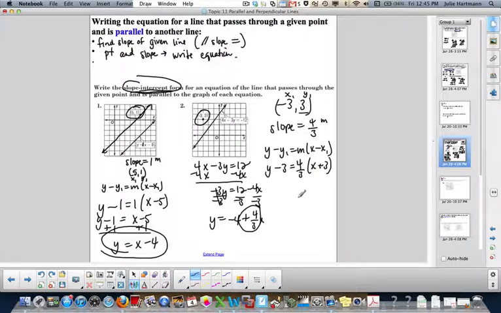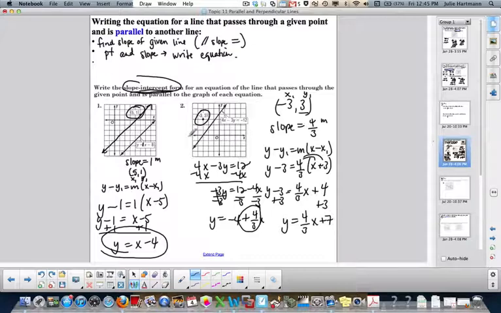From there, I am going to distribute. I have 4/3 x plus 4/3 times 3 is 12 over 3, which is 4, equals y minus 3, and then we add the 3. So y equals 4/3 x plus 7.